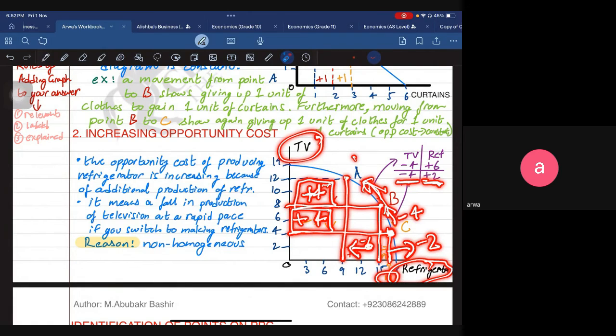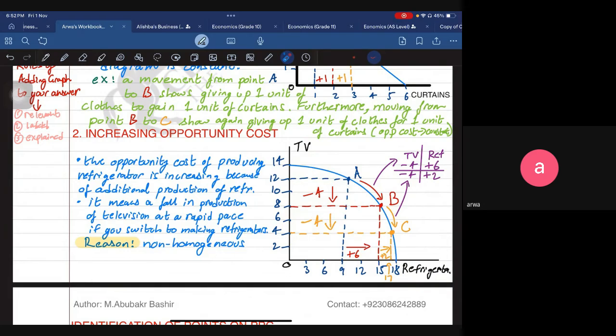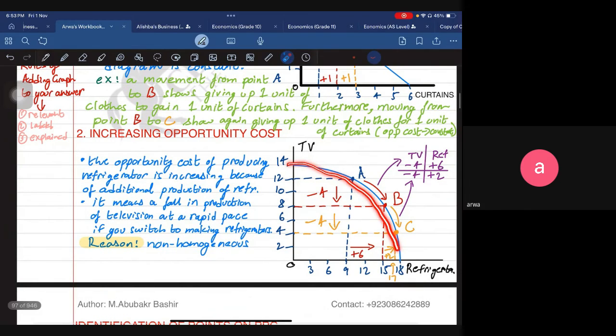That's why it's like choosing a better option between the worst two options, right? So both the options are not good for the economy, that you are giving up one good in order to gain the other good. So that is why I'm saying that it's not too good of an option for the economies to grow. The economies will not grow if they stick to this production possibility curve for a longer time period.